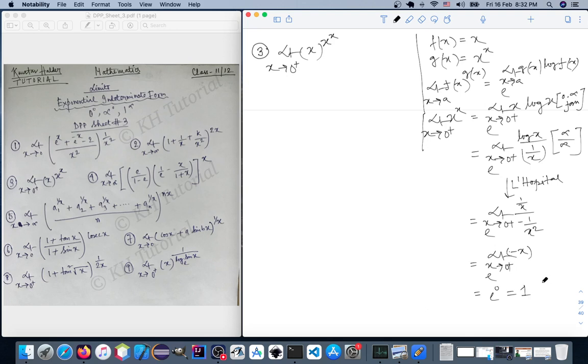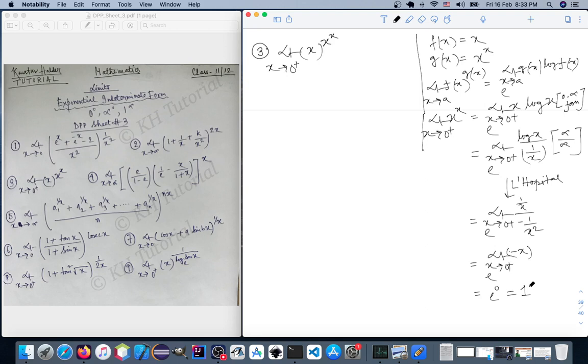So we see that g(x) is tending to, let me check if I'm right or wrong. 1 by x, infinity by infinity, log x derivative is 1 by x, and minus x square, minus x, yes, 0. Minus 0 is 1.